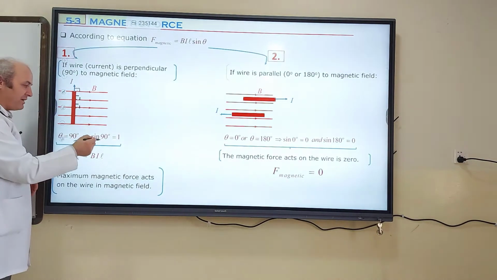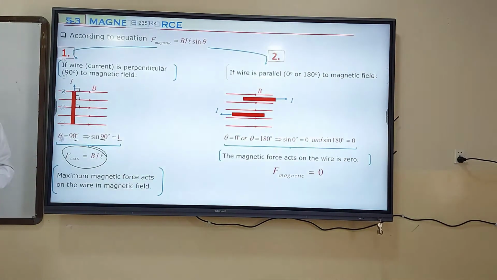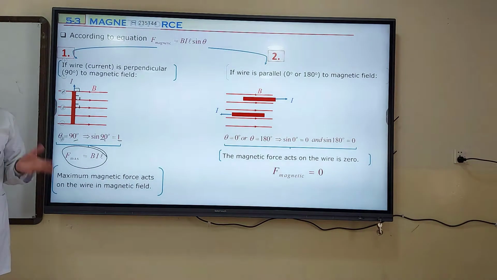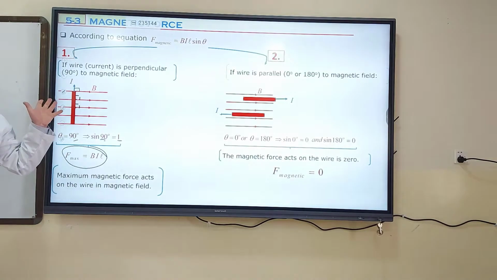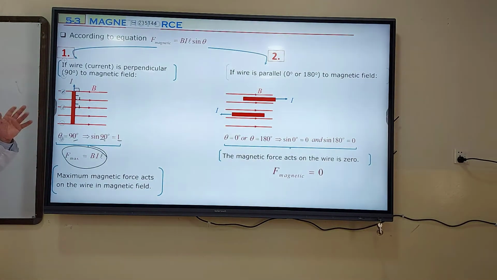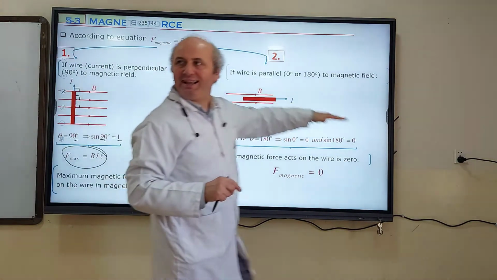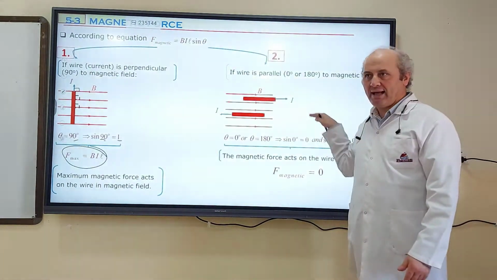So sine 90 is 1. Maximum magnetic force acts on the conductor, BIL, the same as the charged particle. If charged particle moves perpendicular to magnetic field lines, because angle between B and V is 90, it was maximum, again maximum.